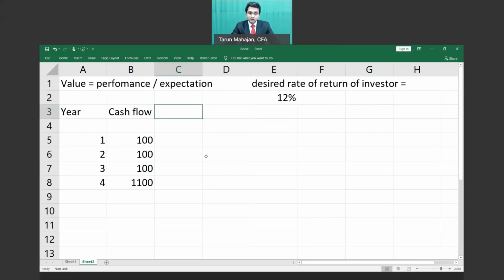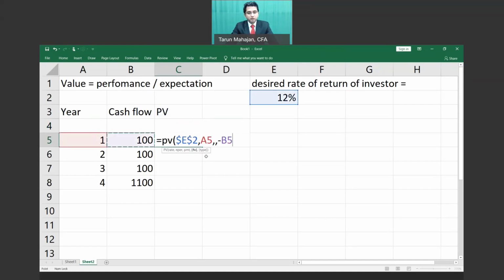Now, if I try to calculate the fair value, I'll have to calculate present value. And present value will be definitely calculated at the rate of 12%. You already know the calculator keystrokes. I taught you in time value of money. So I'm not going to repeat it now.